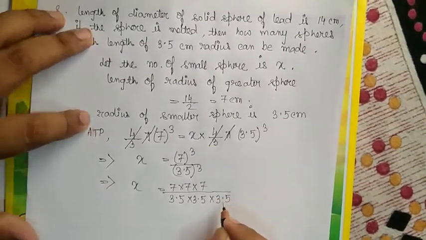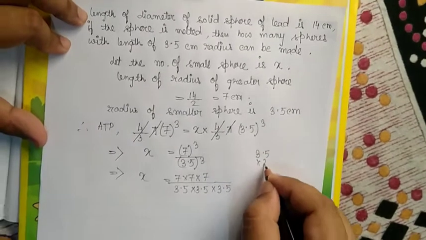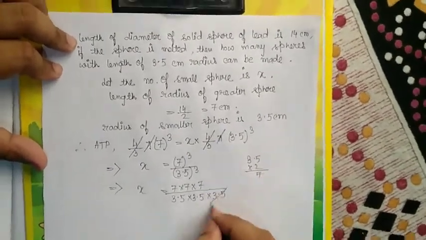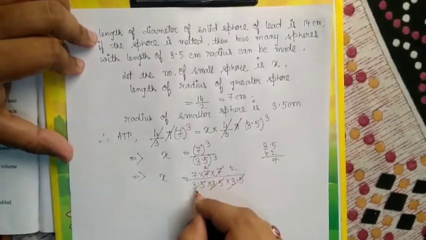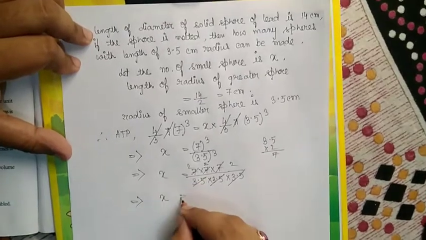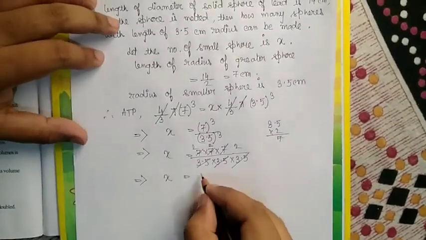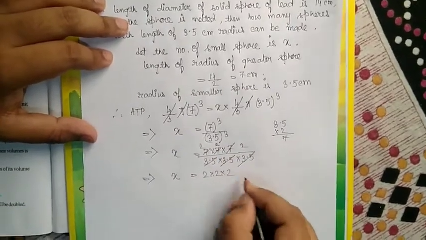Now 3.5 into 2 is 7. So therefore, this is 2, this is also 2, this is also 2. So the number of small spheres is 2 into 2 into 2, equals 8.